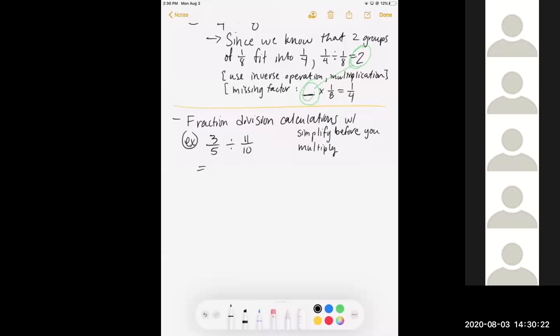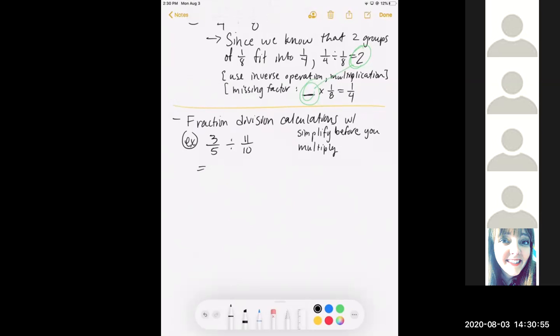Marley, is that right? Am I going too fast? Okay, I need a confirmation from somebody else. Yes, you multiply by the reciprocal. Okay, it's a basic question. I just want to see if you guys are on board.